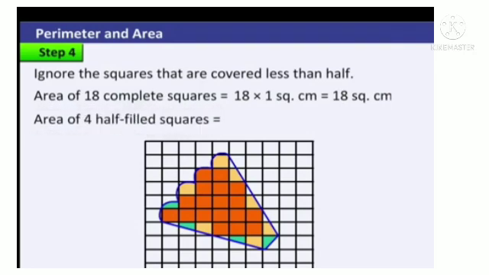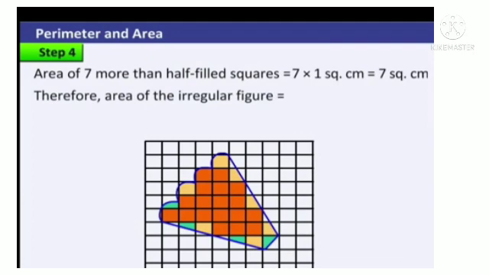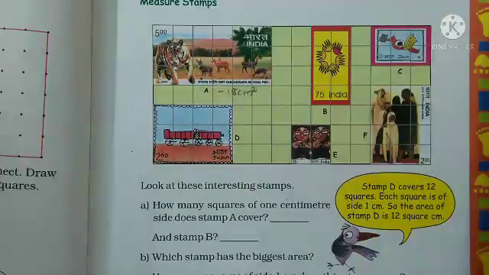Area of 4 half-filled squares is equal to 4 into half square centimeter is equal to 2 square centimeter. Area of 7 more than half-filled squares is equal to 7 into 1 square centimeter is equal to 7 square centimeter. Therefore, area of the irregular figure is equal to 18 plus 2 plus 7 square centimeter is equal to 27 square centimeter approximately.